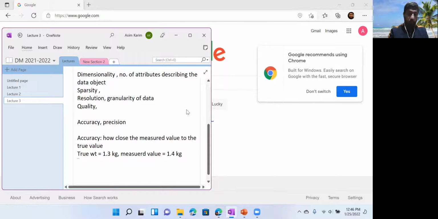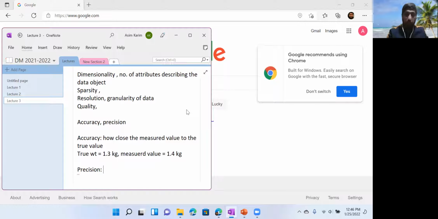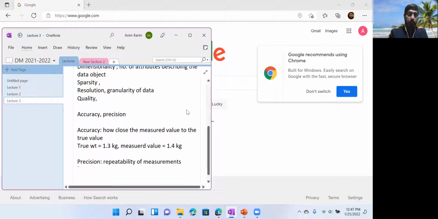And you need to have an idea about the accuracy of the data that you are working on. The other thing that I want to talk about is precision. So precision is basically talking about repeatability of measurement. In many cases, you might have multiple values recorded for a particular attribute of an object.